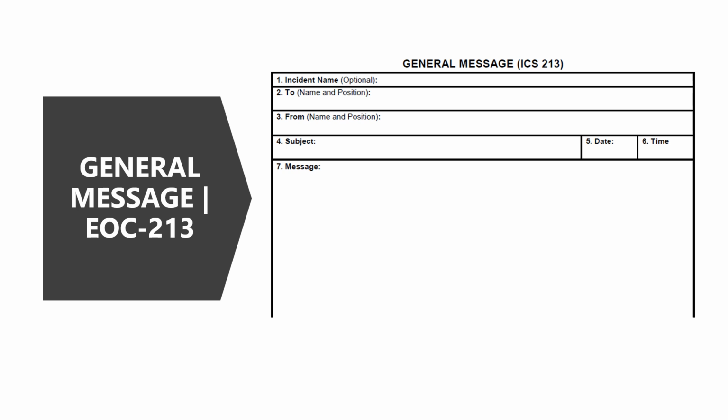It could be messages between units, between sections in the EOC. We're utilizing it to transmit messages. So think of this as a text message. I'm going to send a message from me to this person with this information. Now we have a paper form to track it. But again, if we have an electronic system in place, we're going to use that. But if it's not available, we have a backup with the paper form.